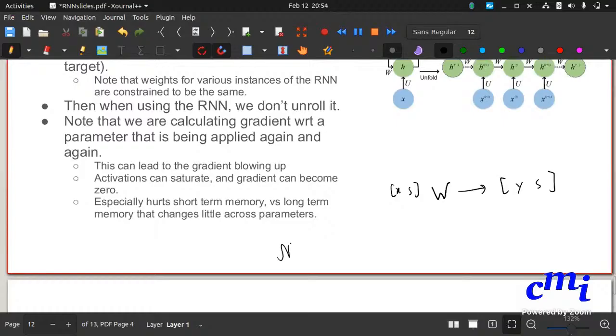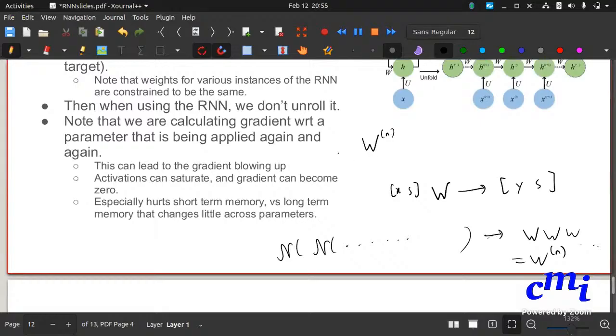So then this kind of nested application of N is going to look something like, take W and multiply it with itself a bunch of times, which is basically some W raised to the big power n, right? Now, when I'm doing gradient descent, what is it? I want to calculate the gradient, right? Which is, given some fixed input and so on, if I change one component of this matrix, how much does the output change, right?